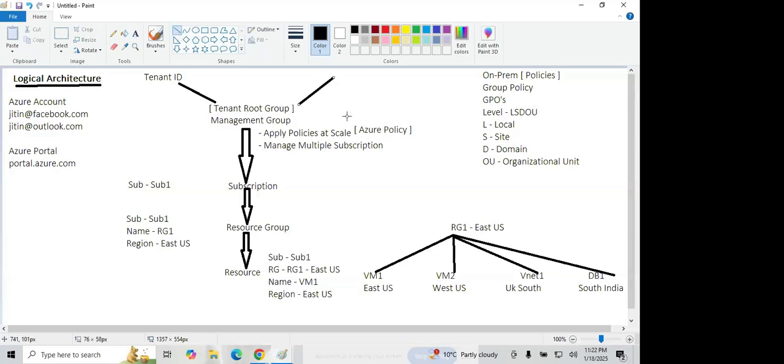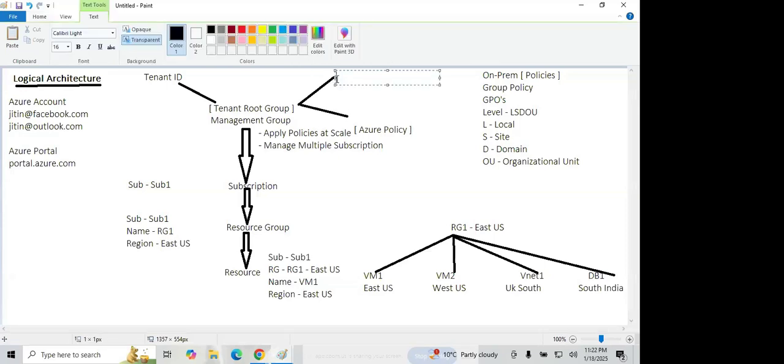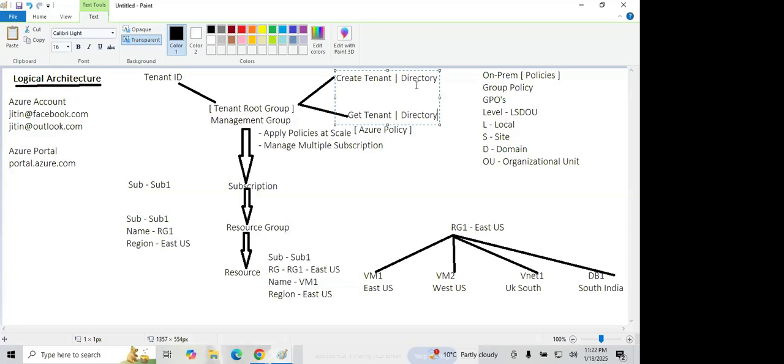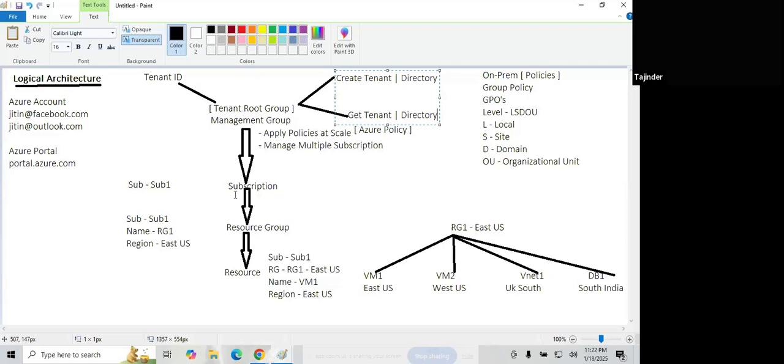For now, just cram the point that whenever we create a tenant or a directory, or whenever we get a tenant or a directory, we get this tenant root group, right? Any questions, any queries, anything so far?